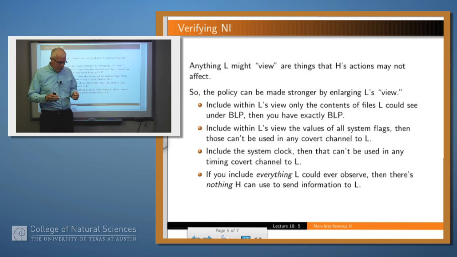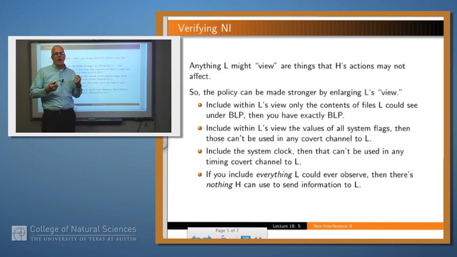Okay, so that leaves us with one final question, and that is this. What is it that's within L's view of the world? The view has to be the same in those two executions, but what does view mean? Well, that's where we can play with our model of the system, because if view of the system means only the contents of files, well, that's pretty much what Bell and LaPadula was about. And if view includes the values of system attributes and system flags, then that's where the covert channels come in.